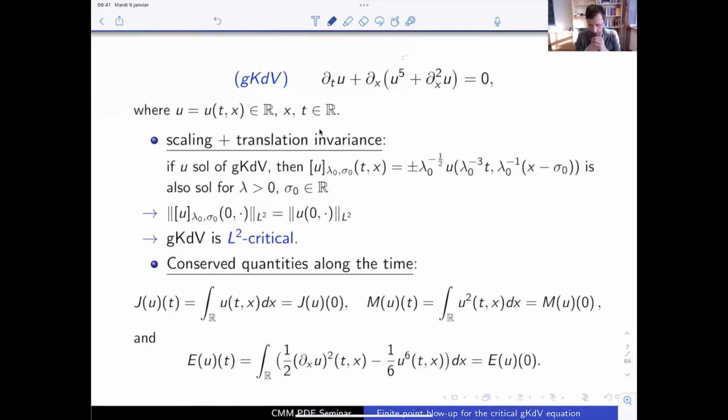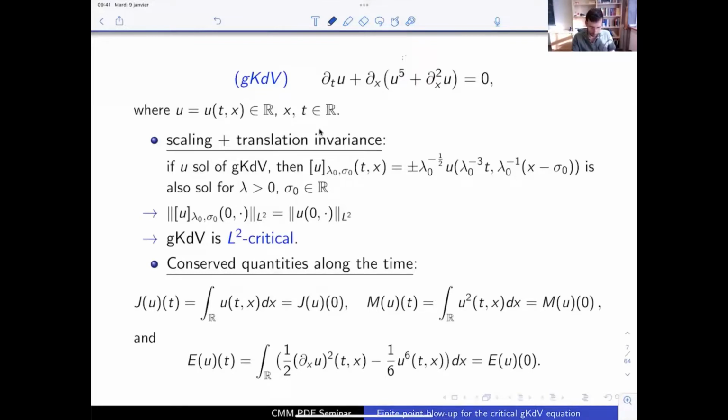The higher powers are not physical anymore, but the powers 2 and 3 are also completely integrable. This means there is the inverse scattering method, which is for me a little bit magical, with which you can solve the equation completely if the initial data are nice enough. But when the power is higher, it's not completely integrable, so you cannot solve the equation explicitly anymore.